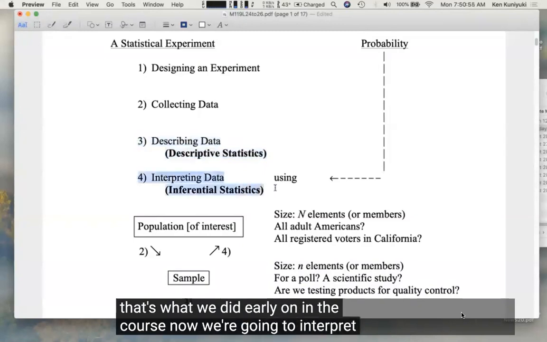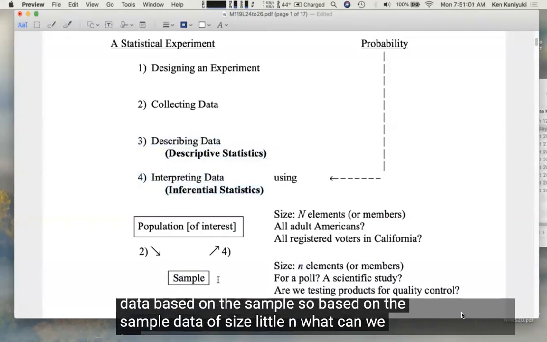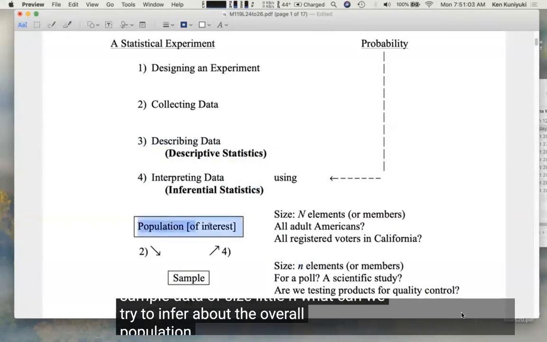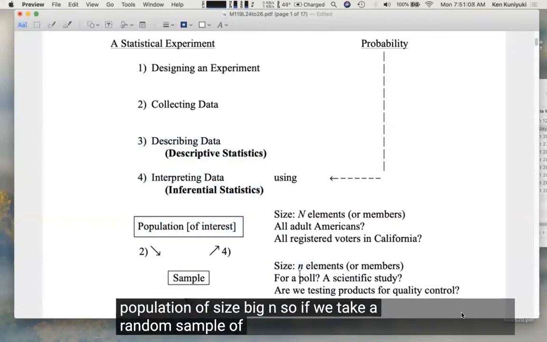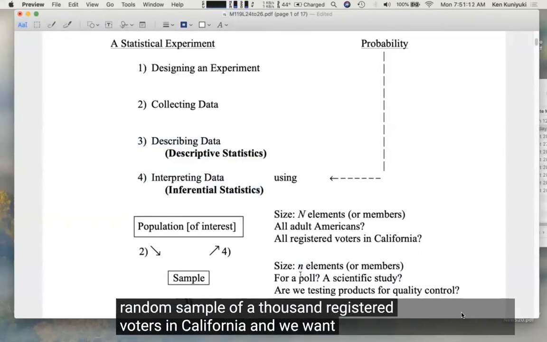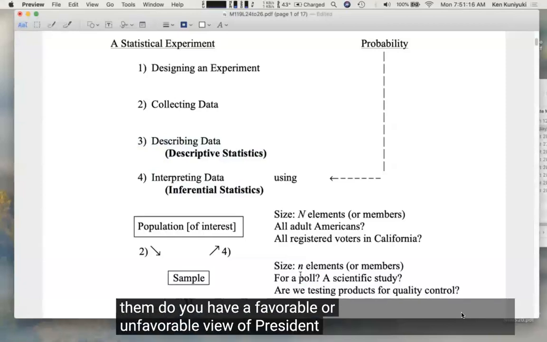Now, we're going to interpret the data based on the sample. So based on the sample data of size little n, what can we try to infer about the overall population of size big N? So if we take a random sample of 1,000 registered voters in California, and we want to ask them, do you have a favorable or unfavorable view of President Trump?